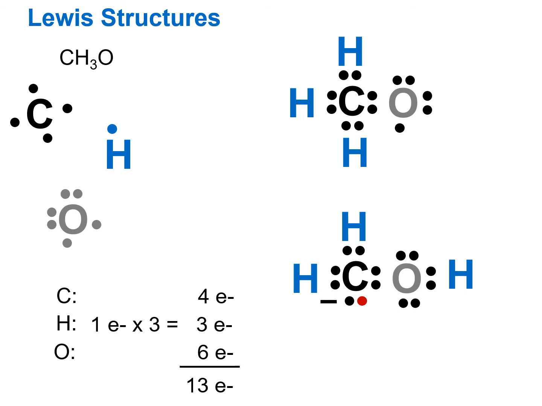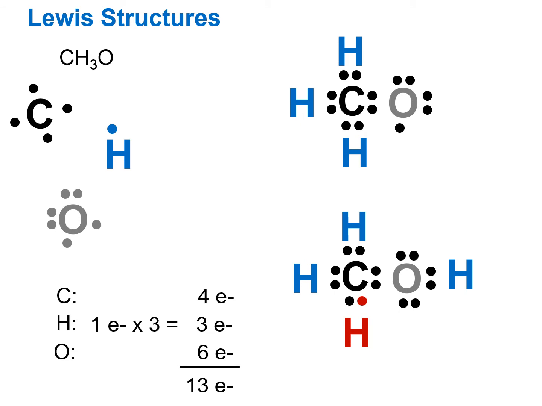It just doesn't have the ability to hug it and keep it and make it stable. So that's not going to work. But if instead of just dropping an electron, we also dropped in a proton and a neutron, i.e. a hydrogen atom, then this would work. This molecule does exist in nature, and we call it methanol. Lewis predicts that this is what we would need to make this structure work, and he's right.